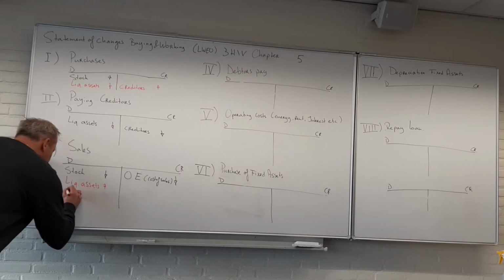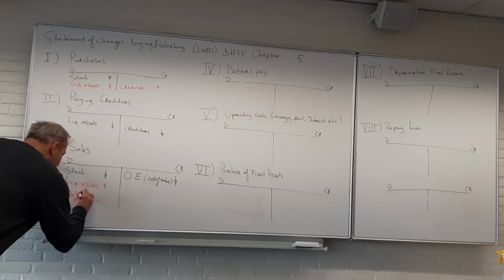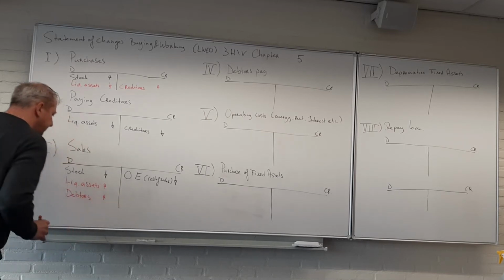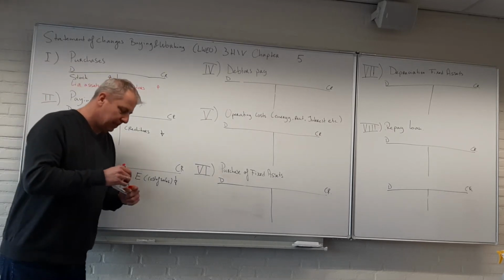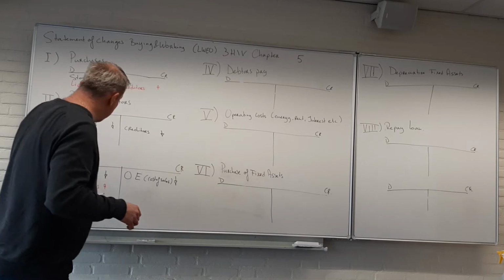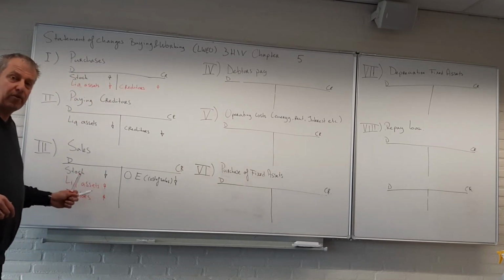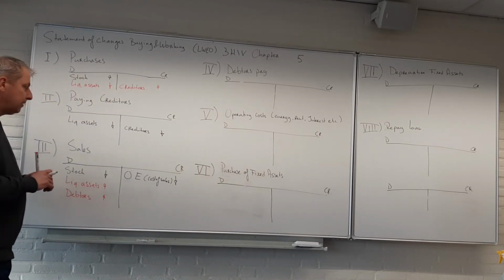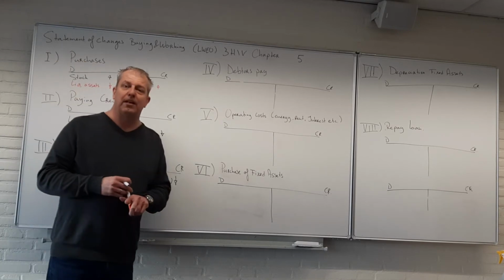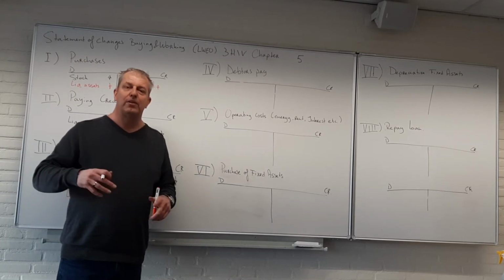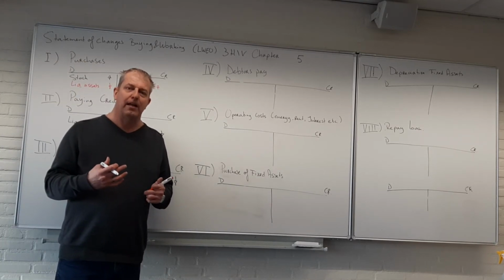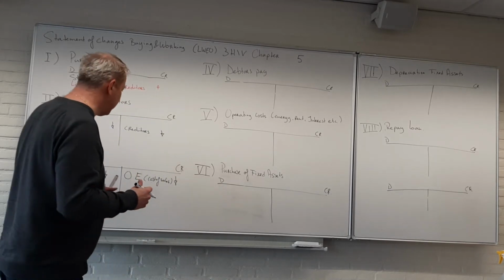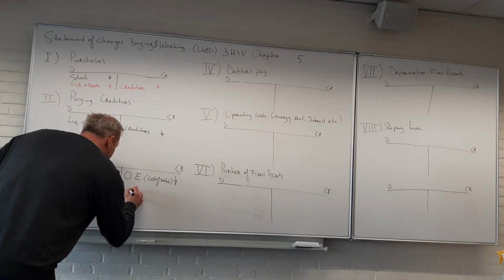So either my liquid assets go up or my debtors go up. They go up by the amount of the turnover. Yes? The turnover is in my results as well, so it influences my owner's equity positively. Yes, so my owner's equity goes up.